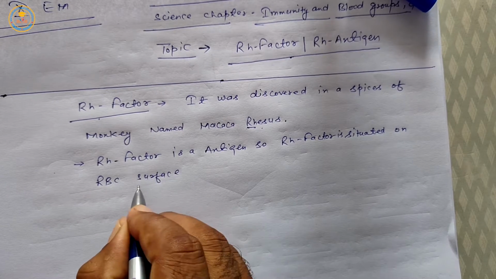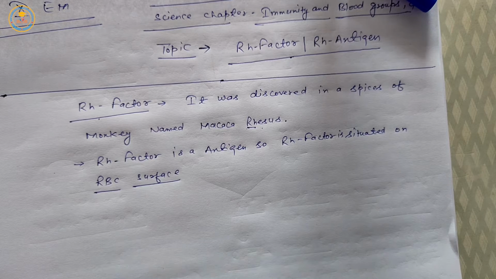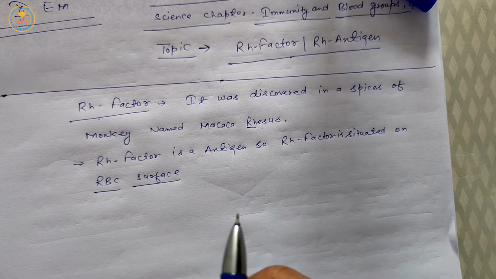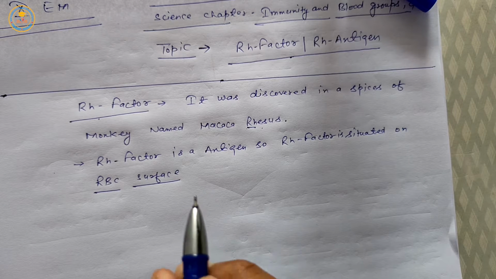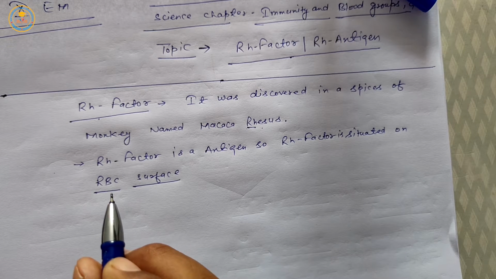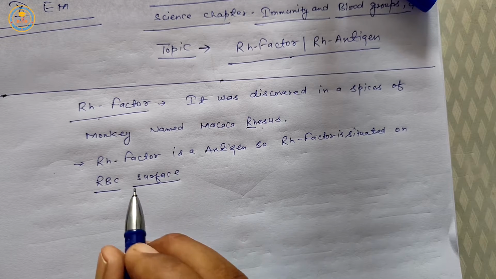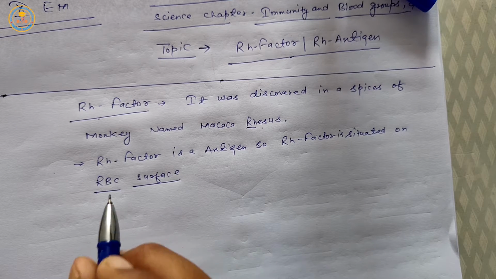Students, remember all blood related antigens are located on the RBC surface, like antigen A, antigen B and antigen Rh.